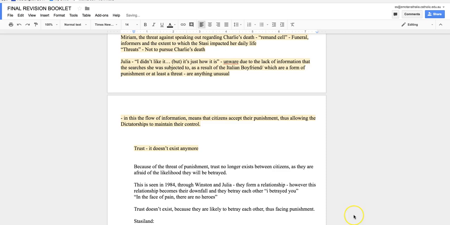This is a threat, and of course what happens to Julia is that in refusing to inform, her later life continues to be impacted. So she is punished for maintaining trust.